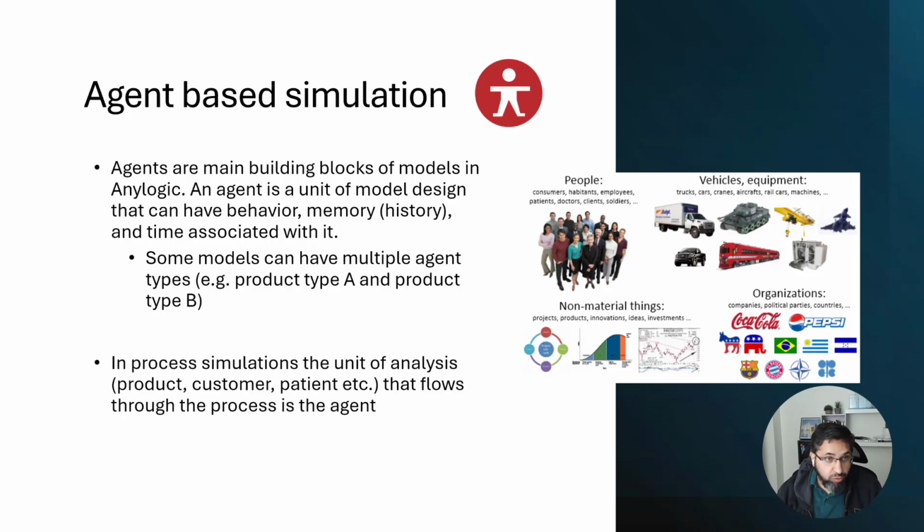If you have two types of product that go through different parts of your process, you could do that. You could have a decision based on the agent type. If it's type A, it goes through this part of the process, and if it's type B, it goes through another part of the process. So you could do all those sorts of things. So that's kind of like the agent is basically what's going to pass through your process and be acted upon.